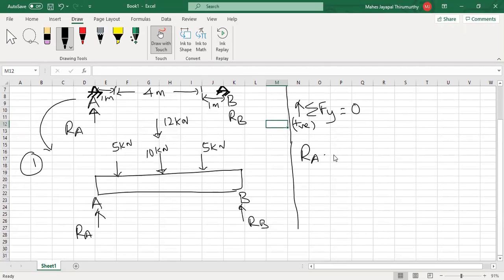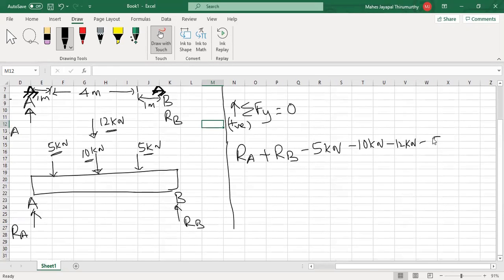So RA plus RB, the first load is going down, so minus 5 kilonewton, and this is also going down, minus 10 kilonewton, this load also going down, minus 12 kilonewton, and one more minus 5 kilonewton, which is equal to 0. Now if I bring all these terms to the right-hand side, I can calculate 10 plus 5 plus 5 is 20, plus 12, 32 kilonewton.